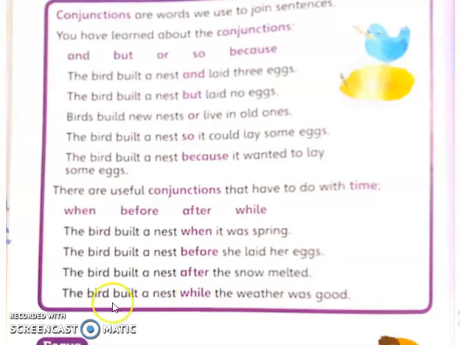Like here, on one hand the weather was good, and on the other hand the bird built a nest. Like, he listens to music while he reads his book. While reading the book, he also listens to music.